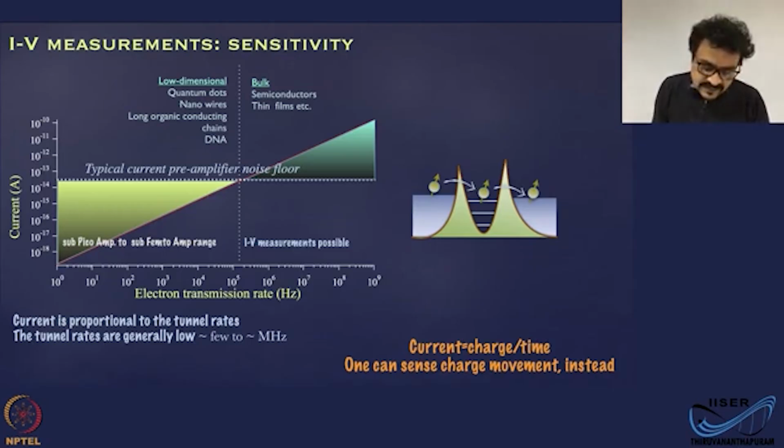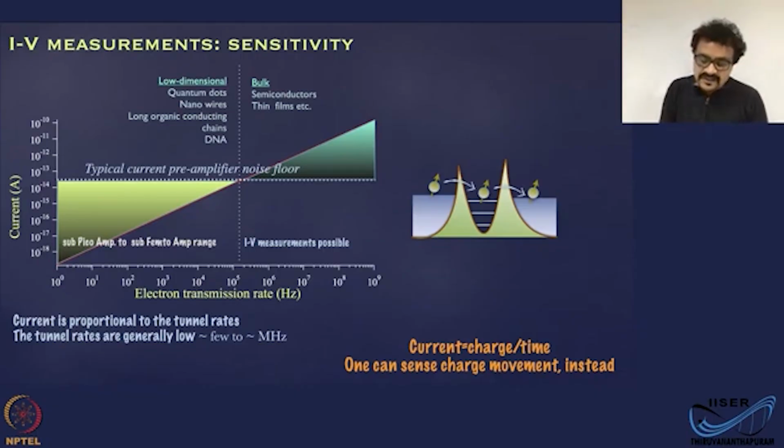When the electron transmission rate is less than a few tens of kilohertz, your current is going to reach the femtoampere range, whereas the typical current preamplifier noise floor falls in that range, around maybe 5 to 10 femtoampere for a typical highly sensitive current preamplifier.